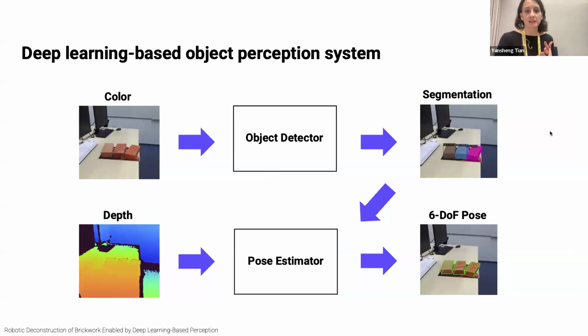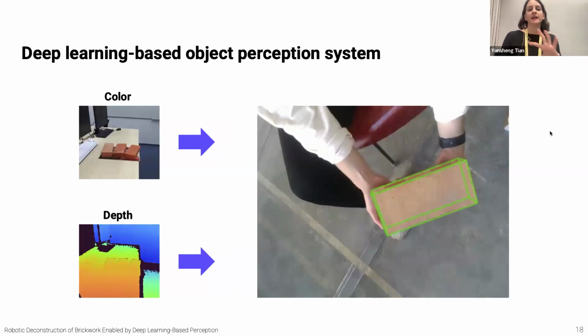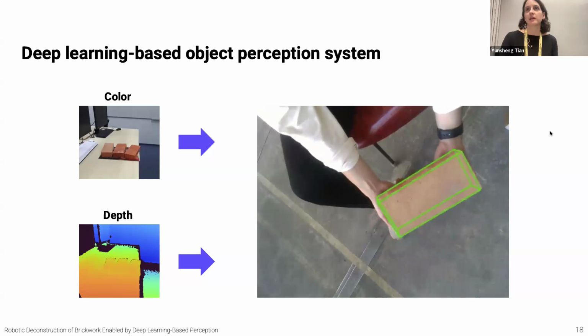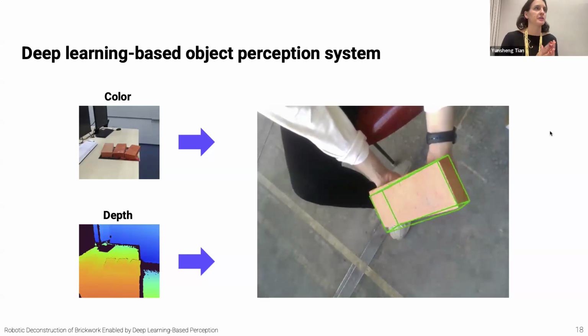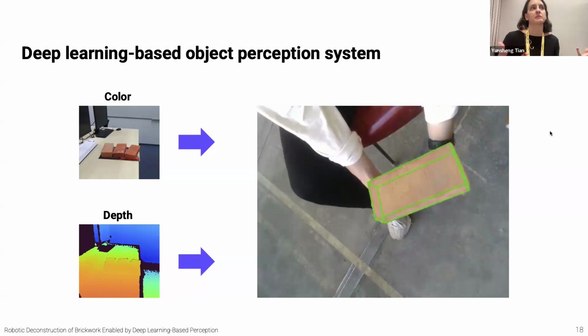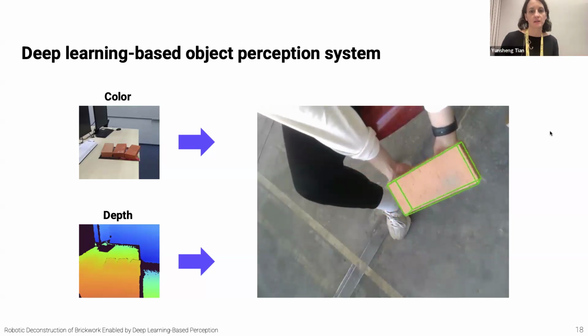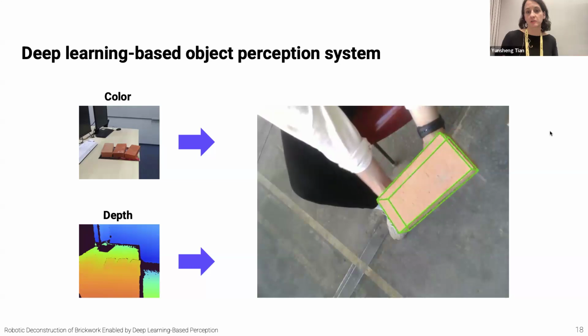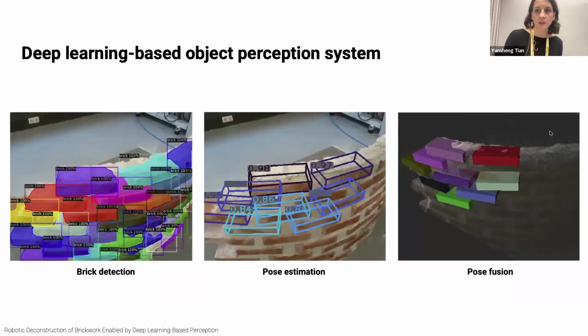Then this is what our collaborators are developing with Stefan Leutenegger. The color data from the RGBD camera is fed to an object detector to detect and segment individual brick objects, and using this segmentation as well as depth data, the poses of individual bricks are acquired. Eventually this helps us detect arbitrary objects with arbitrary sizes and colors, and also occlusion with residual mortar.